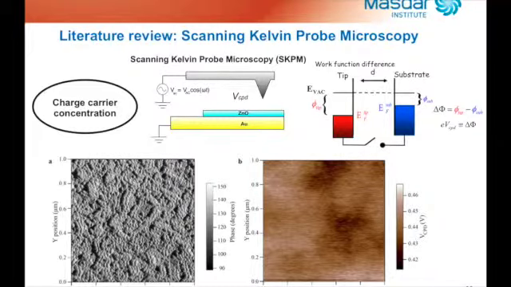So what I've done is develop a technique that uses the atomic force microscope to map the charge carrier concentration in zinc oxide thin films. To do so, I've used an operational mode called scanning Kelvin probe microscopy, which basically determines and is able to map the work function difference between the tip and the sample.